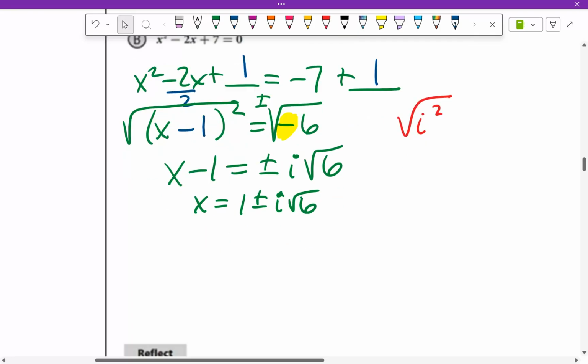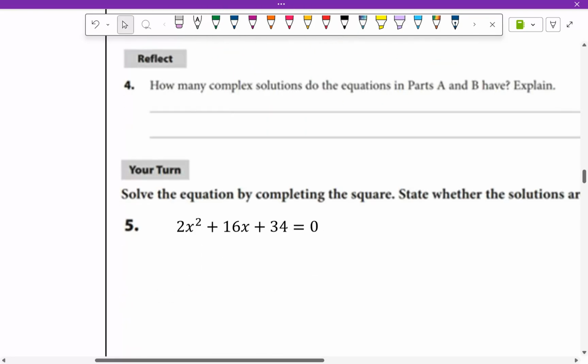Okay, I think there's 2 there. Oh, not yet. We're going to talk about this question. Read that question to yourself. Just read the number 4 to yourself. Okay. Technically, how many solutions did both of those have? 2.